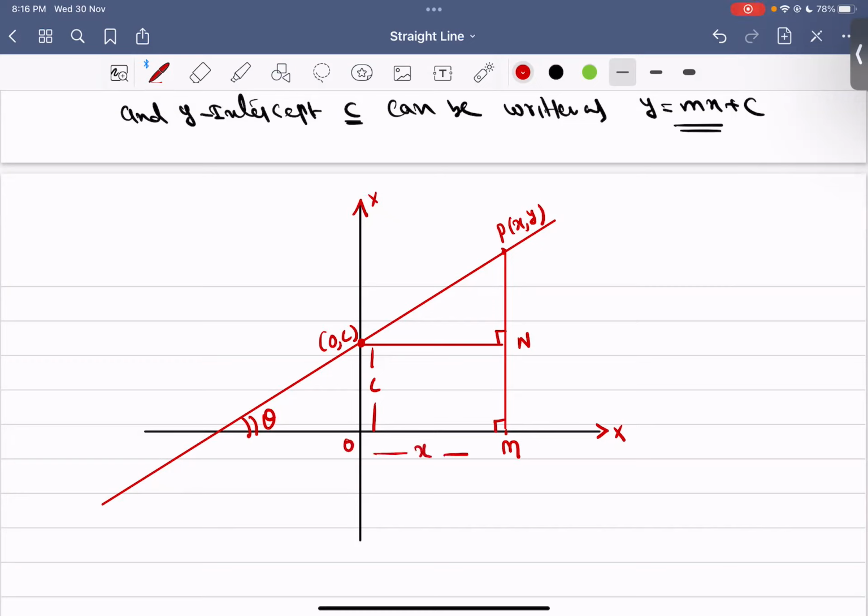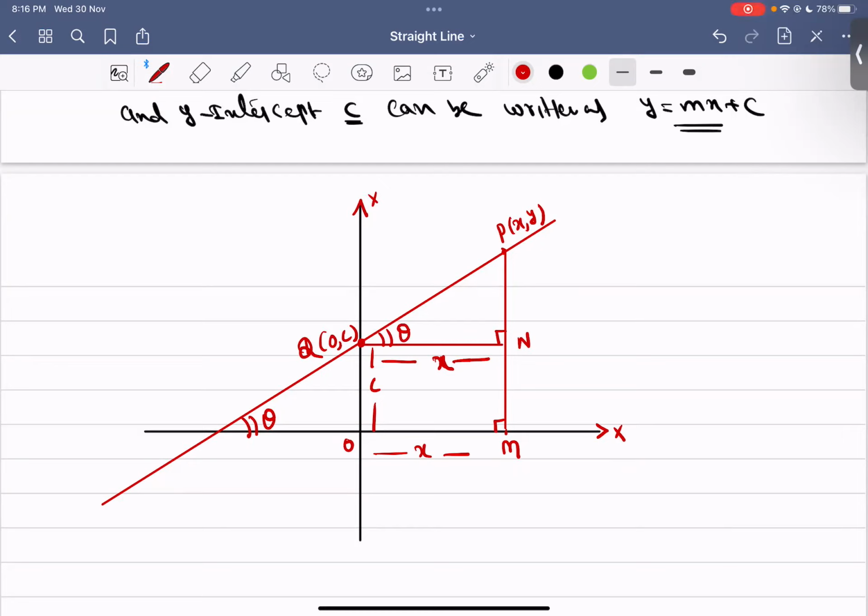OM distance is x, therefore QN distance is also x. Now this angle is also theta.